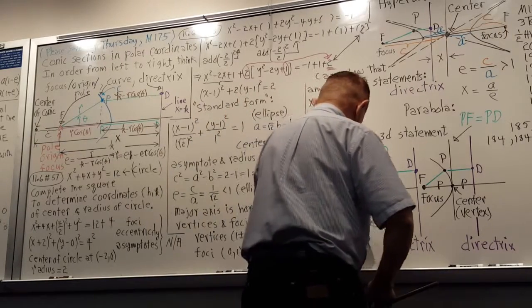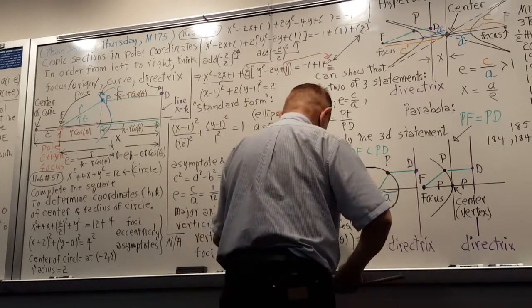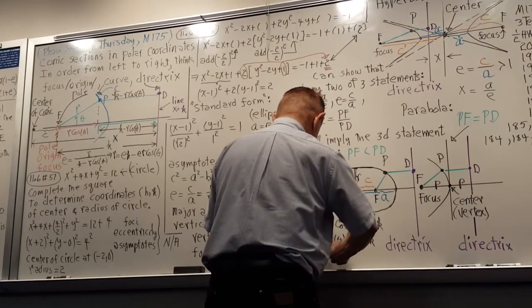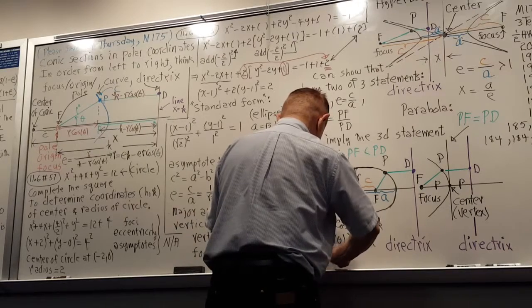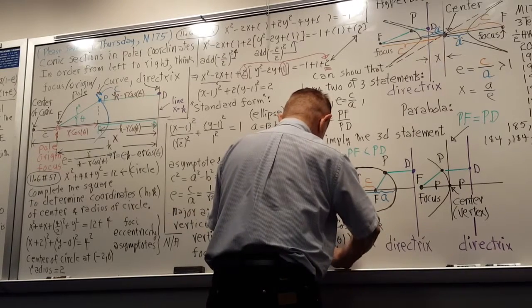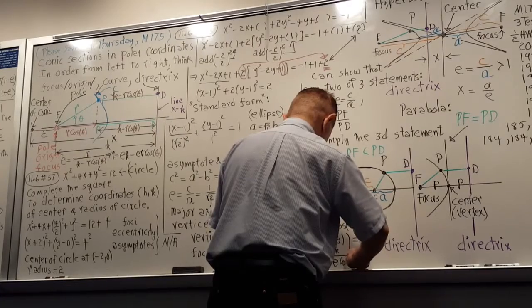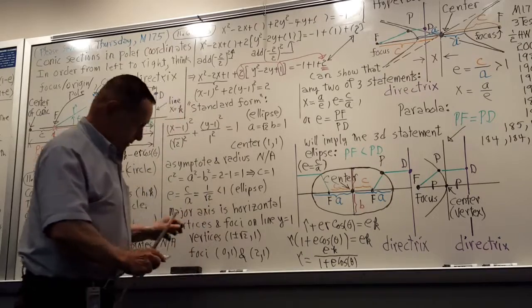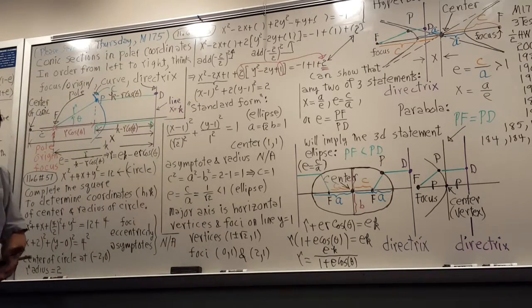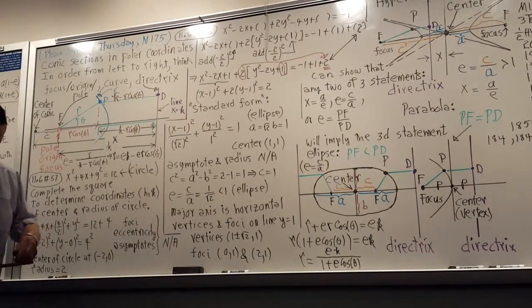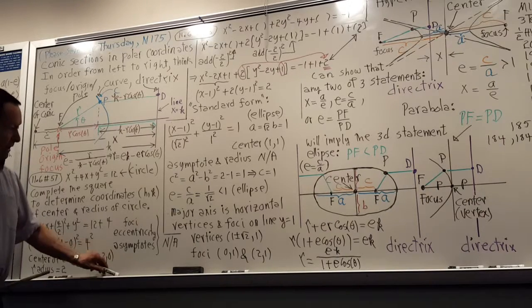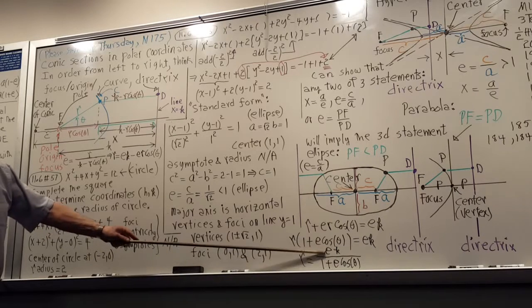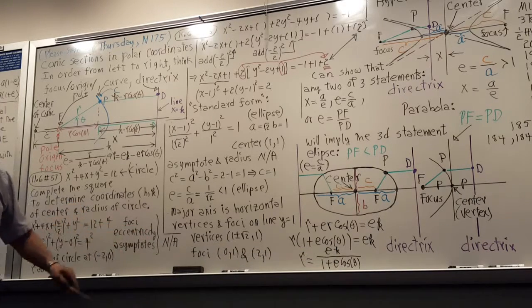Well, it's ek. You do just that much algebra, and you can solve for r, and then that's your form in polar coordinates.